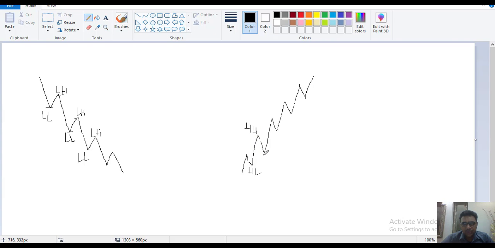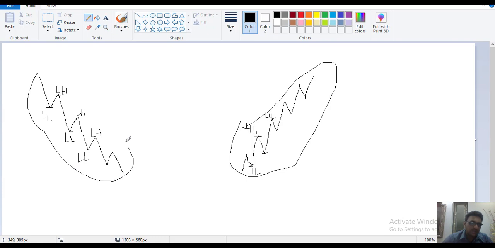As you can see, the new low is above the previous low and the new high is above the previous high. So when a price is making new higher highs and new higher lows, that means it is an uptrend. And when it is making new lower highs and new lower lows, it is in a downtrend.